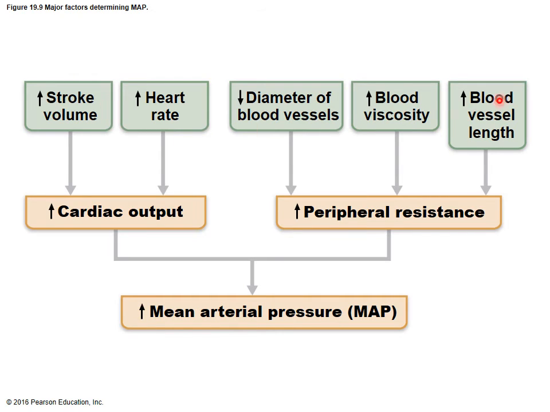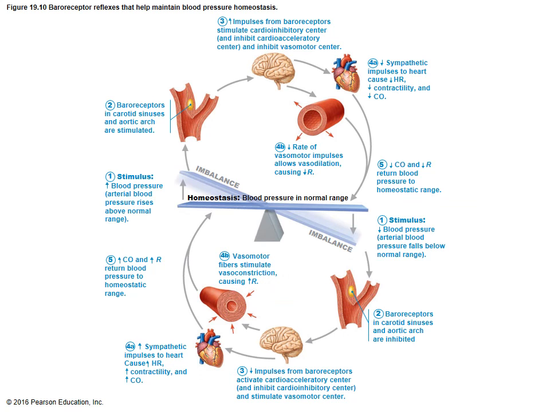All of these things can affect blood pressure, and so there are different classes of drugs, 5 different classes of drugs used to treat blood pressure, and many of them are affecting one or more of these factors at the top. So if you can learn these different factors and how stroke volume and heart rate affect cardiac output and blood pressure, that's great. It's also good to know how the diameter of the blood vessel, the viscosity, and the blood vessel length affects peripheral resistance and the mean arterial pressure. We'll talk more about this in lab.